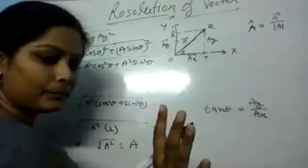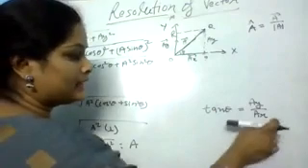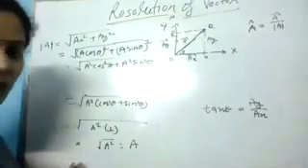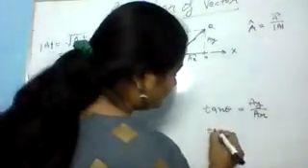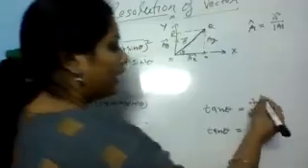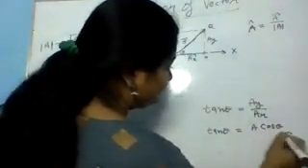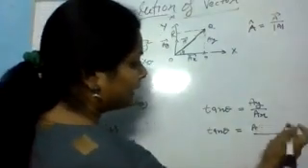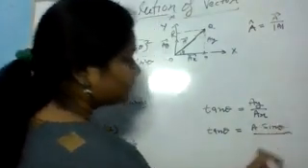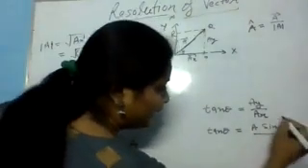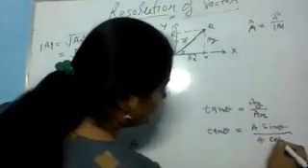Clear hai? Yes, ma'am. Now you can justify this formula by the component of vector also. See, the component in Y direction is A cos theta, sorry, A sin theta, right? And in X, A cos theta.